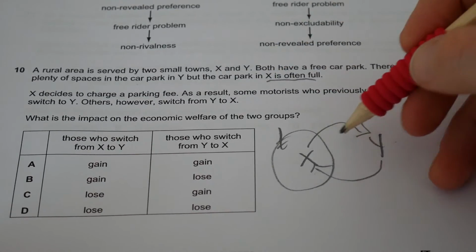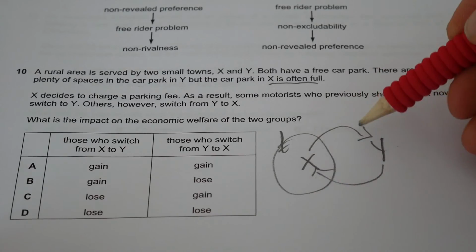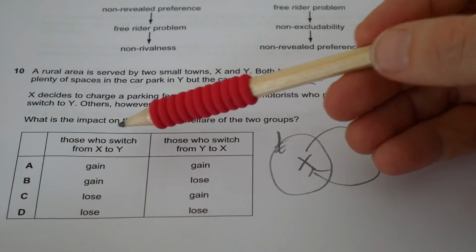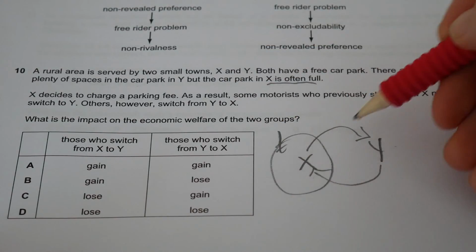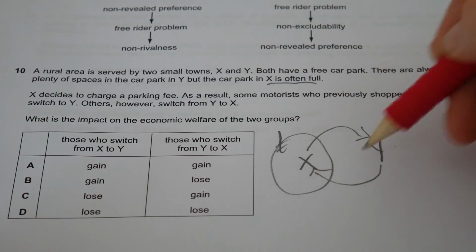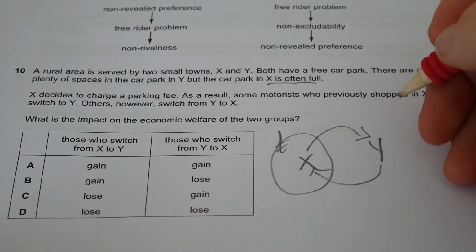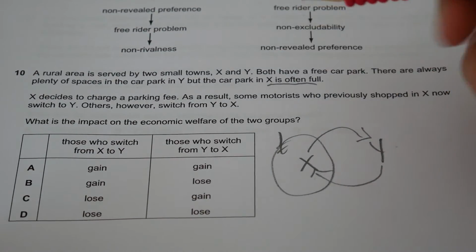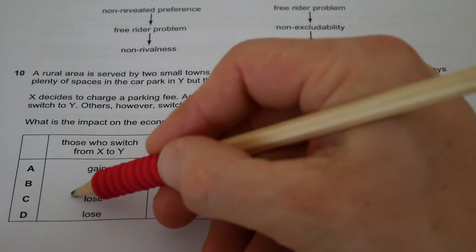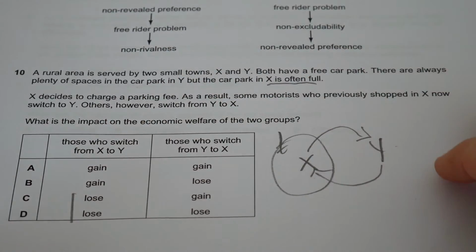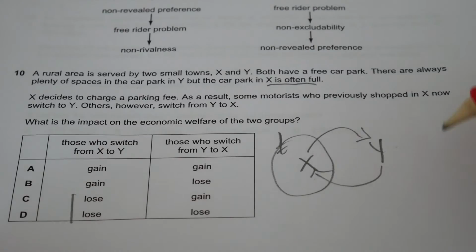So these consumers who are going from X to Y, those who switch from X to Y, are clearly losing out because they would have preferred, all other things being equal, to have parked in car park X, but now they're moving to Y. So immediately I'm led to C or D. And what about those moving from Y to X?